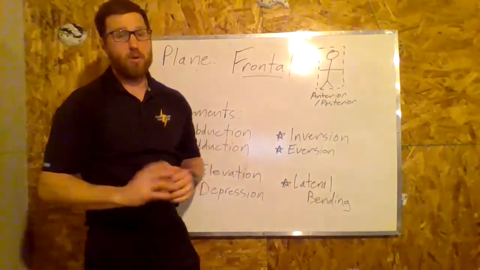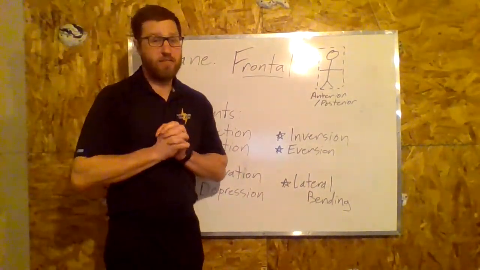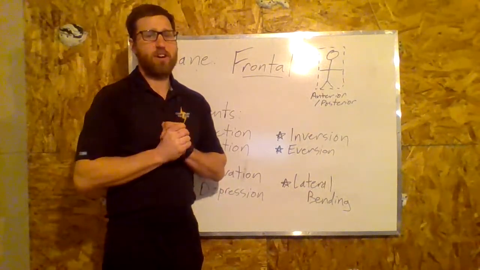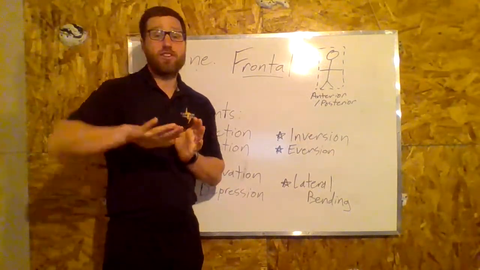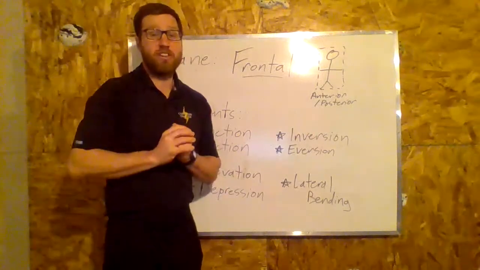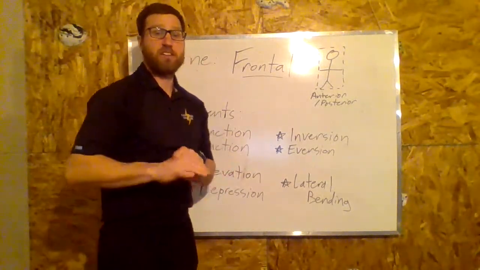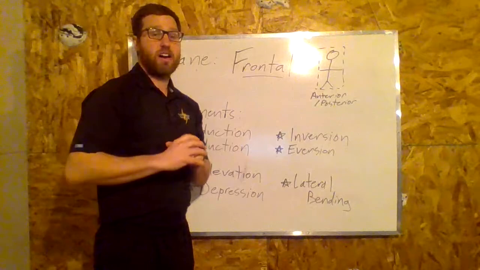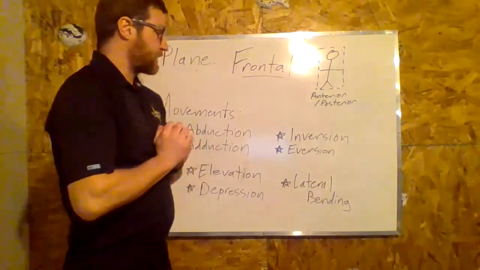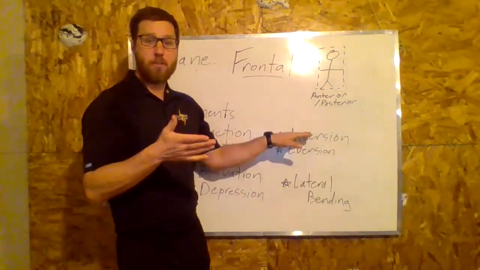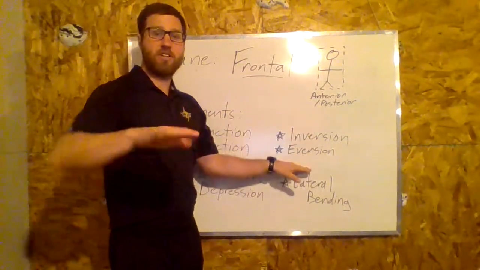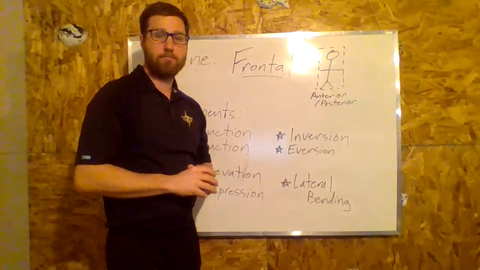Only about 10% of our ankle sprains are eversion sprains. They're pretty bad though if they're an eversion sprain. Eversion is that pointing out, and if you're using your fibularis longus muscle, that is really how you evert at the ankle. So inversion, bottom of the foot in towards the midline. Eversion, bottom of the foot away from the midline.